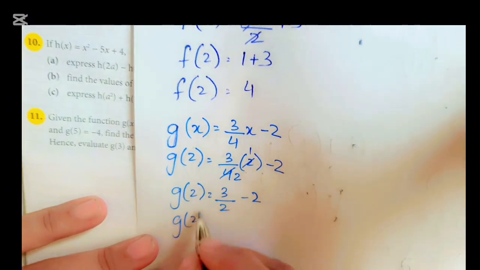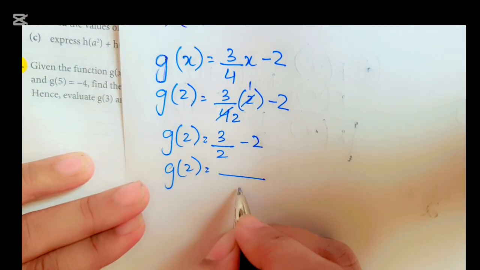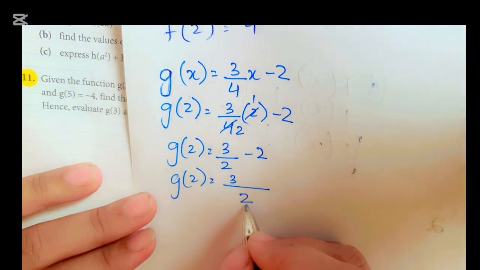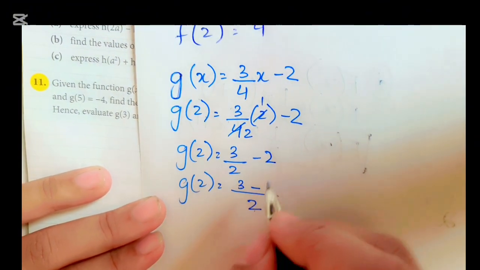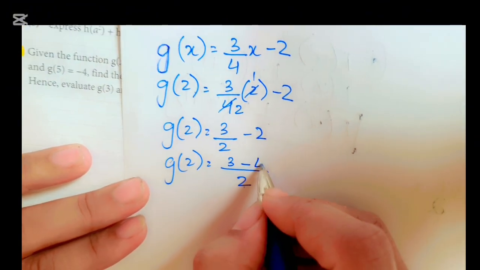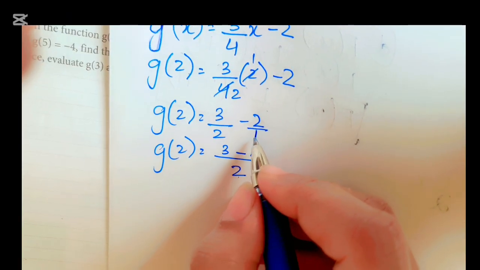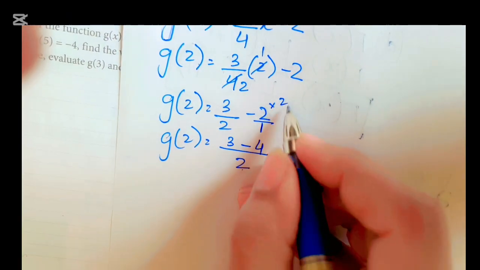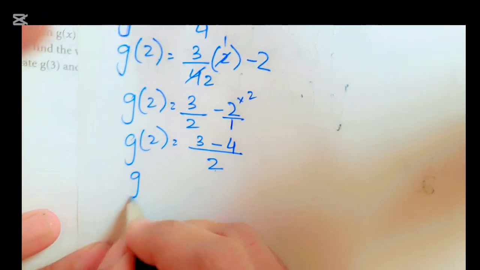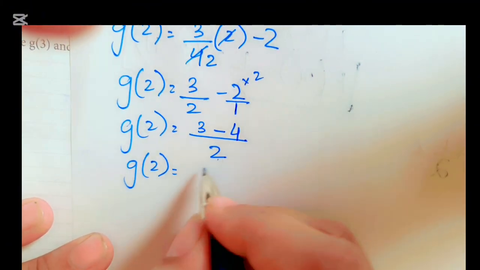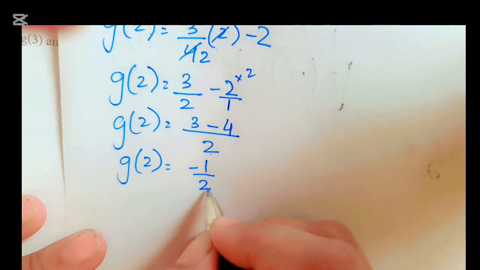And you know how we can solve it by taking the LCM. The LCM of both numbers would be 2. 3, and if we multiply it by the LCM, we will get 4, because here nothing is in the denominator, so we will take 1 and then we will multiply it by 2. So g(2) = -1/2.